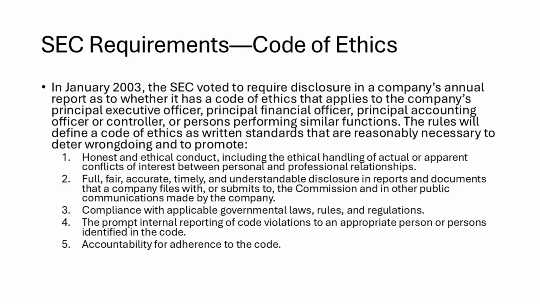Honest and ethical conduct, including the ethical handling of actual or apparent conflicts of interest between personal and professional relationships. 2. Full, fair, accurate, timely, and understandable disclosure in reports and documents that a company files with or submits to the Commission and in other public communications made by the company.